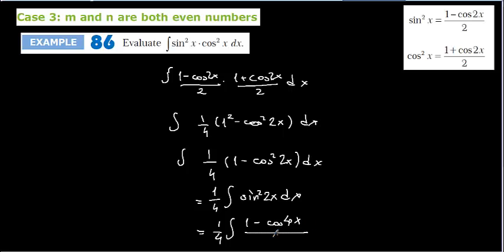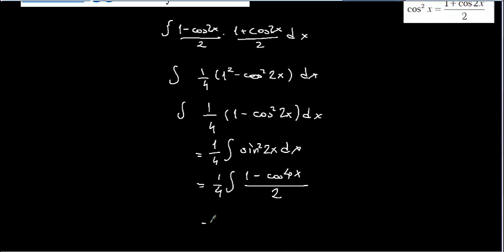The answer is 1 over 4 integral of 1 minus cosine 4x over 2. And this 2, if we write it in front of the integral, gives 1 over 8 times 1 minus cosine 4x dx.